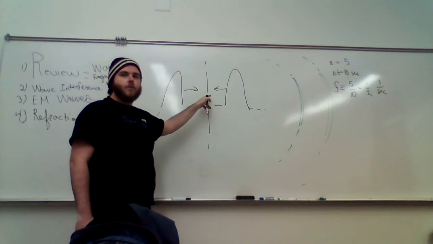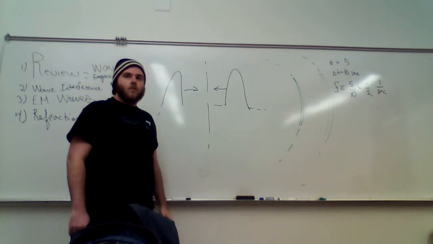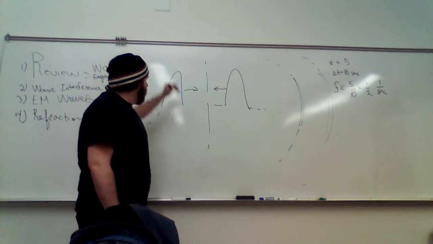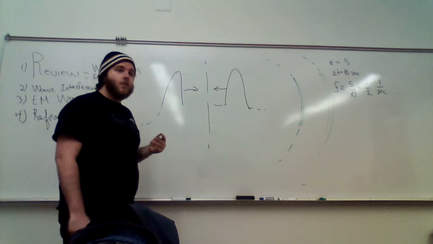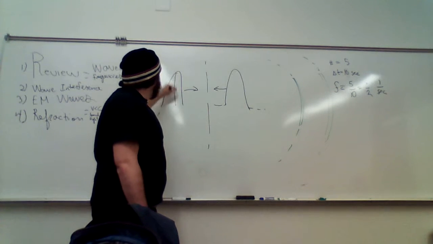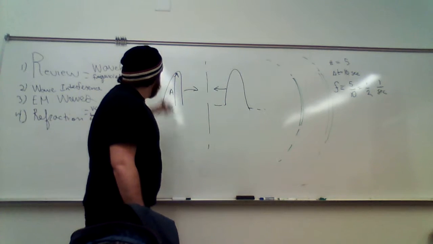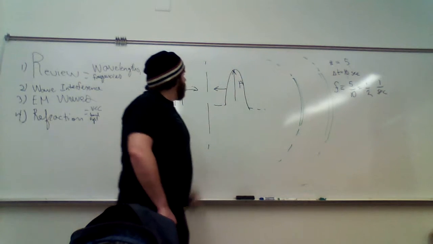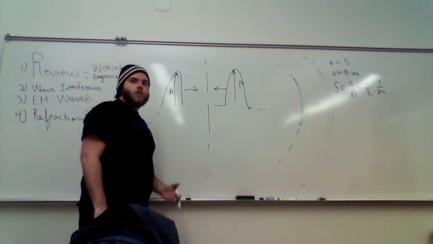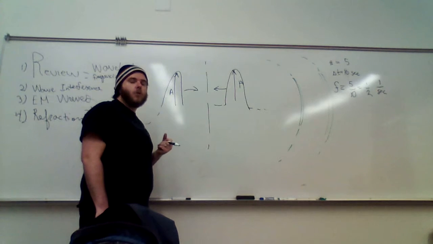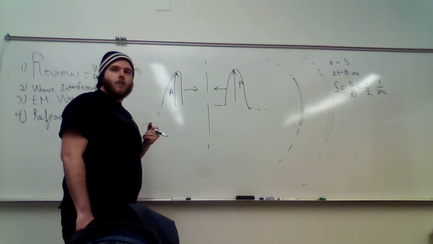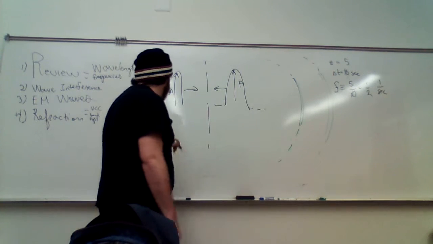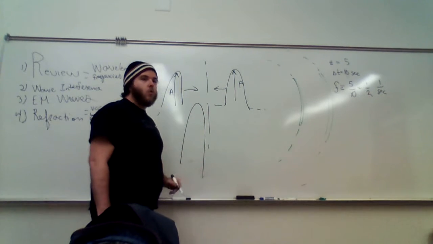Does anybody know what happens? Yes, they'll build. So if this has an amplitude A, and so does this one, how tall will the resulting wave be? 2A? 2A, exactly. So you'll get twice the height.